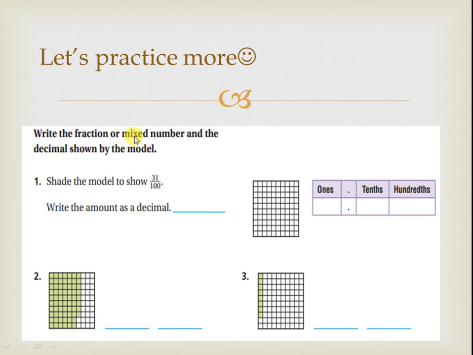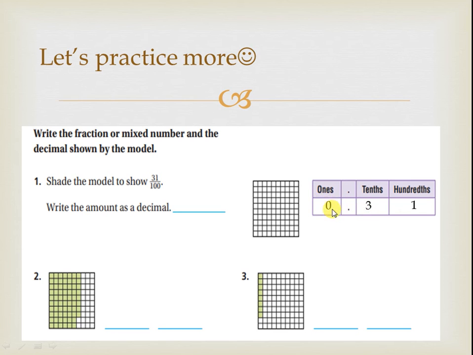Write a fraction or mixed number and the decimal shown by the model. Okay, this is 31 over 100. So this means how many parts in all, how many cut parts in all? It's 100. And we have to color 31. So we write it in the decimal place value.